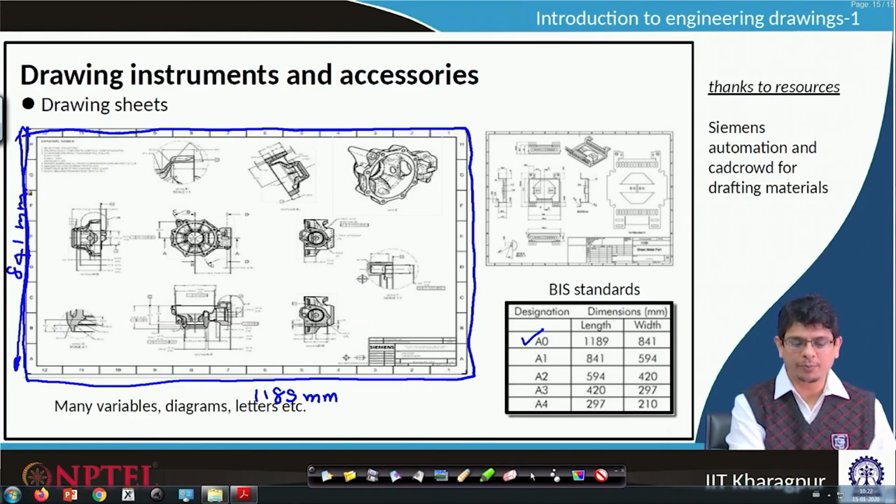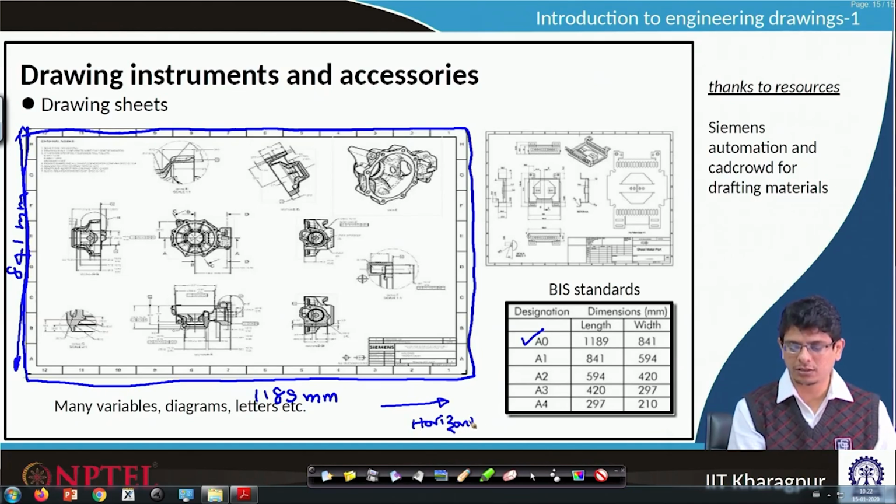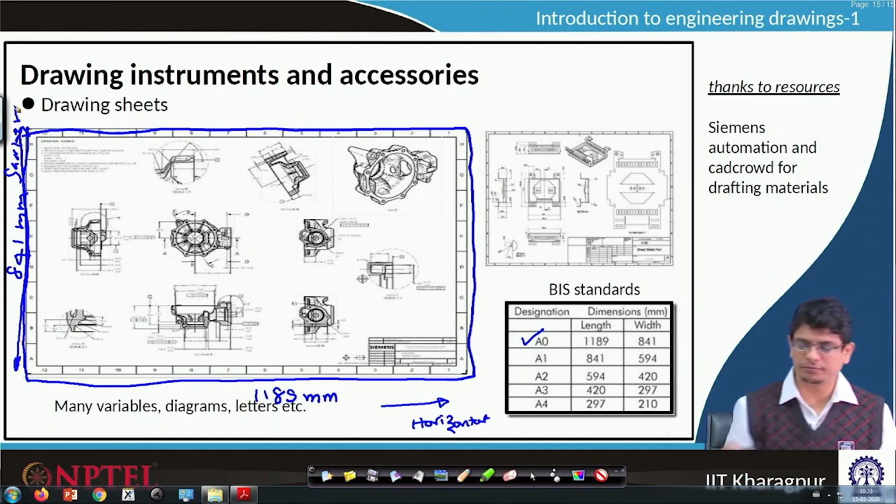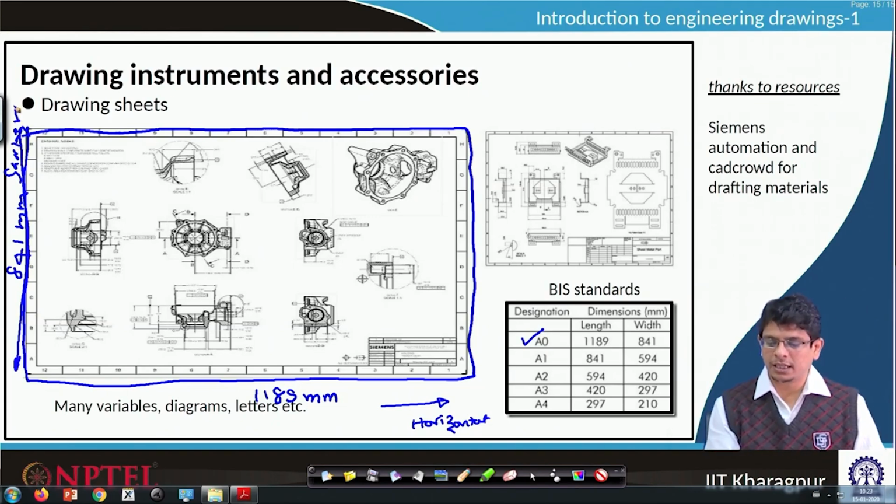Usually we keep the longer side in the horizontal direction and the shorter side vertical. There are other sheets also available.